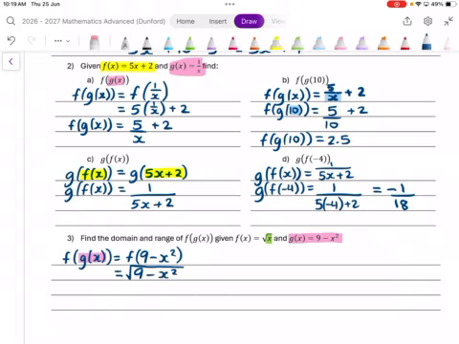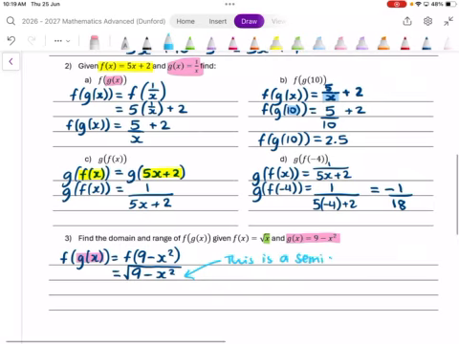Ooh, this is exciting. Does anyone recognise this function? Yeah? It's a semicircle. This is what we looked at yesterday. It's a semicircle in the form y equals the square root of r squared minus x squared.